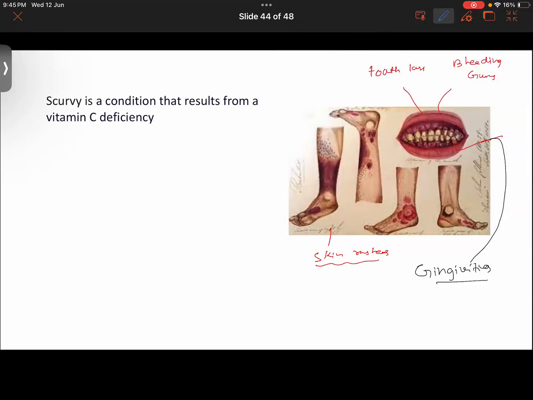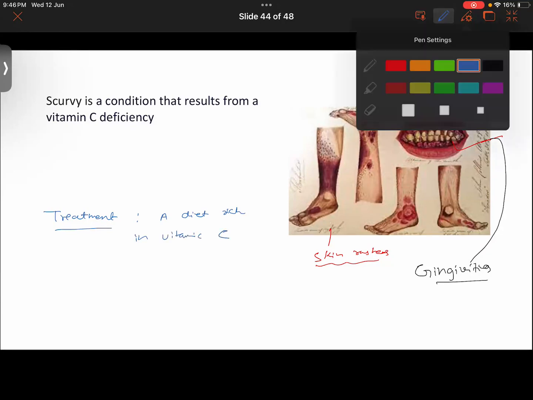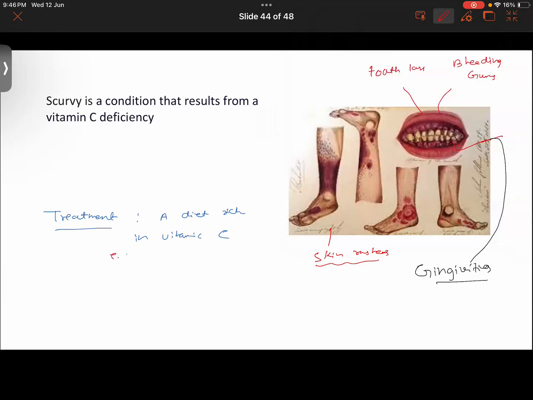So how has it to be treated? Basically, treatment involves taking a diet that is rich in vitamin C. Do tell me what are the foods that are rich in vitamin C? Examples: oranges, lemon, kiwi, guava, strawberries.